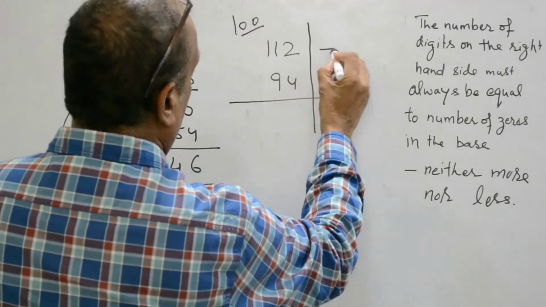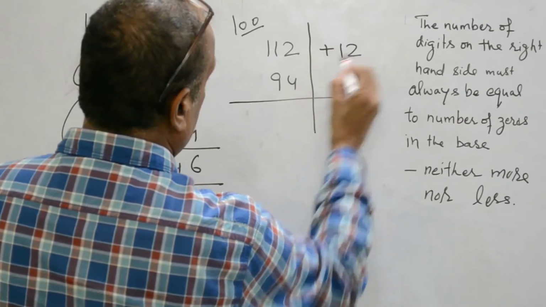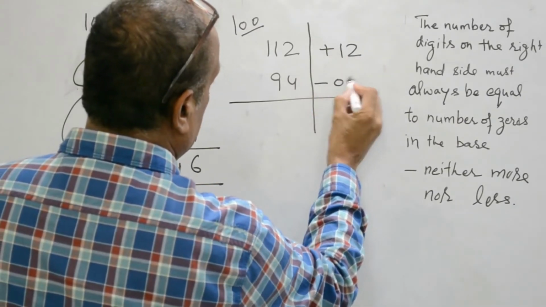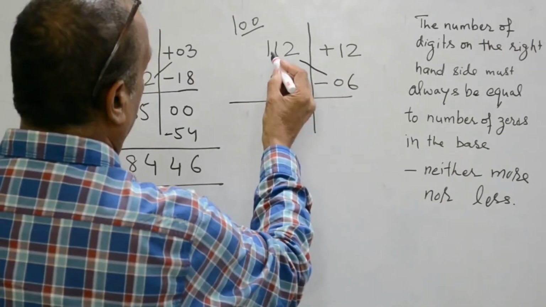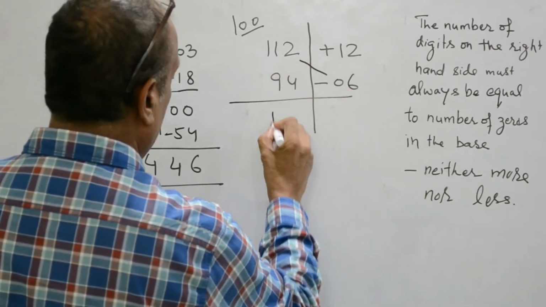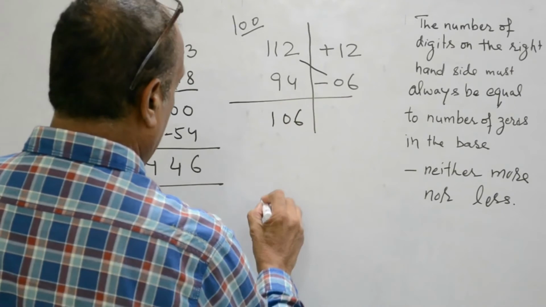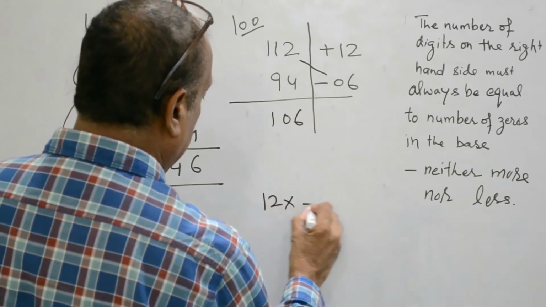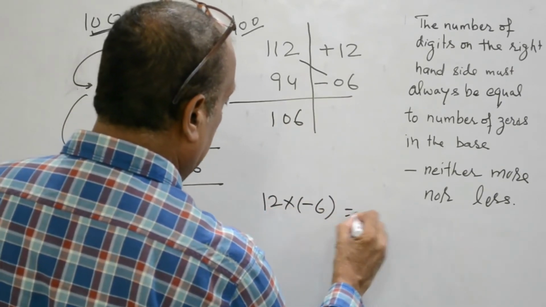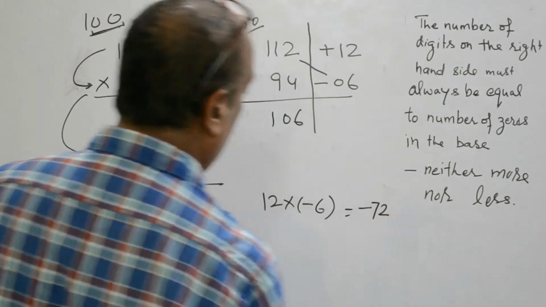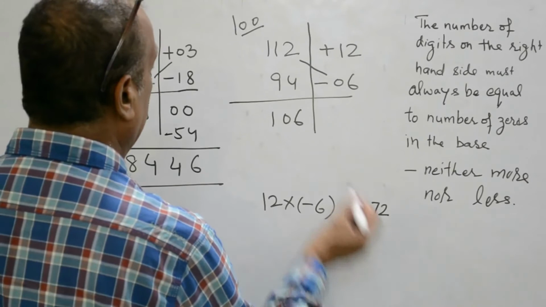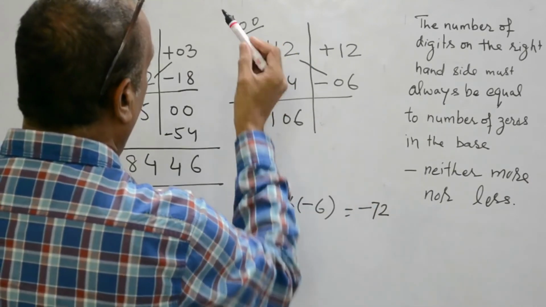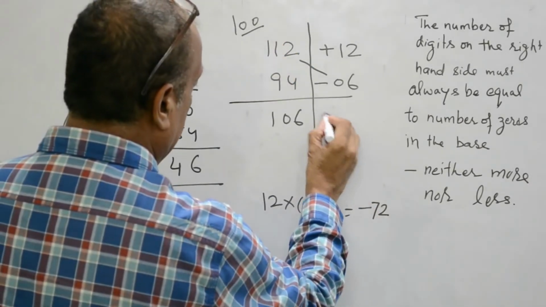It is 12 more than the base. This is 6 less than the base. So this is easier. 112 minus 6, it is 106. Plus 12 when multiplied by minus 6, it is minus 72. So in case of a negative number on the right hand side, we have to put the number of zeros in the base over here.